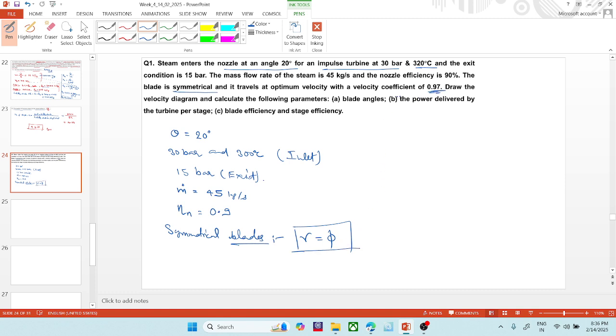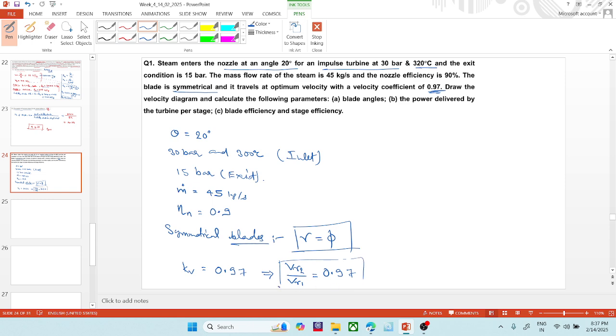Also, the velocity coefficient is provided. Kv is equals to 0.97, which shows the ratio of the relative velocity at exit and inlet is 0.97.